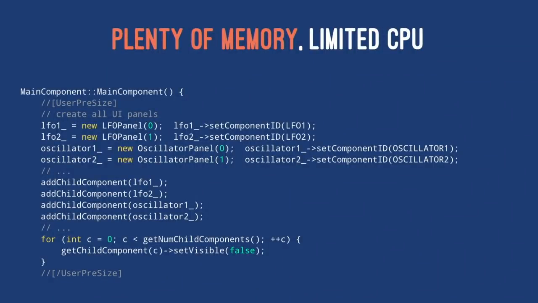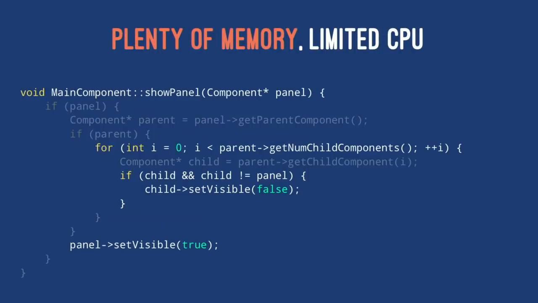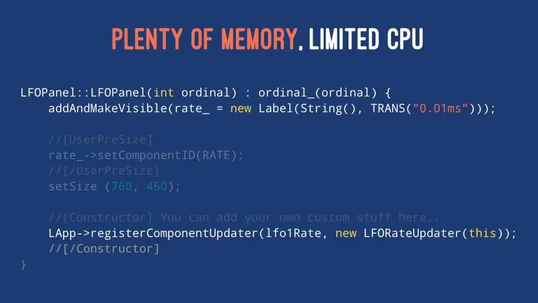So I'm just walking you through this particular mechanism. We create a whole bunch of panels and hide them. One will be shown, and in each panel we've got a system that has a unique identifier for each parameter in the system. It's just an enum. In this case, it is the rate of an LFO.